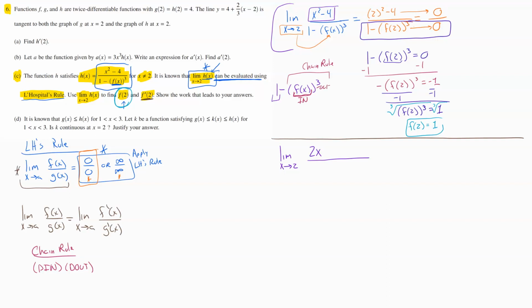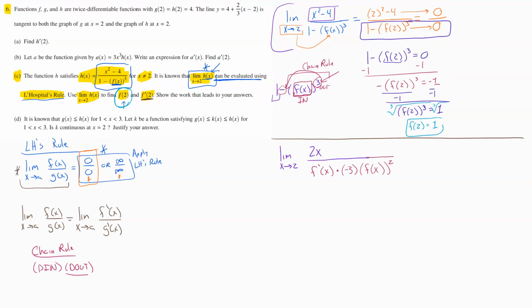The derivative of the in is just a notation game: the derivative of f of x would be f prime of x. Then we'd multiply that by the derivative of the outside, which is just a power rule. I would bring the 3 down in front. I still have that negative there, so this would be negative 3. You leave alone all the stuff you already took the derivative of, and then you subtract 1 from that power, which would give us a 2 here.